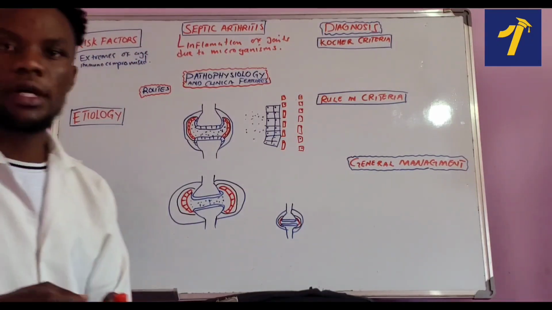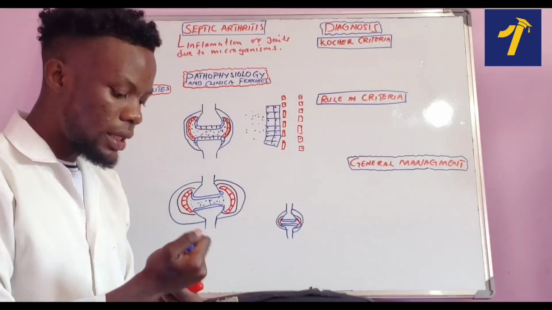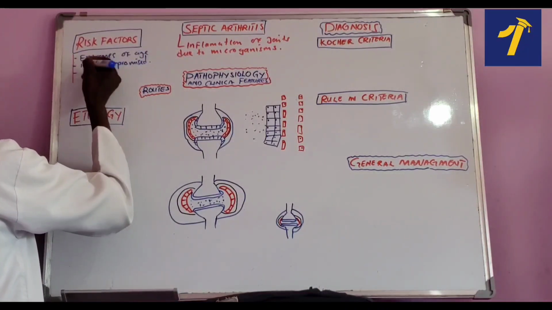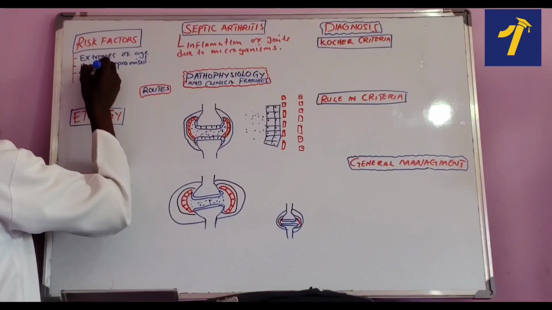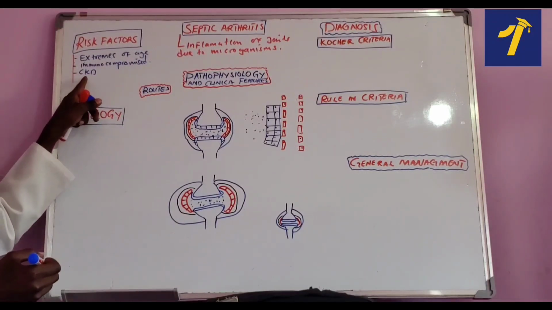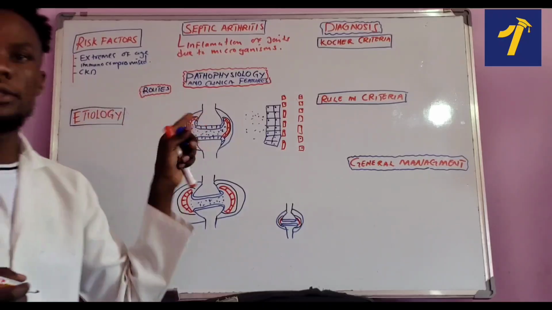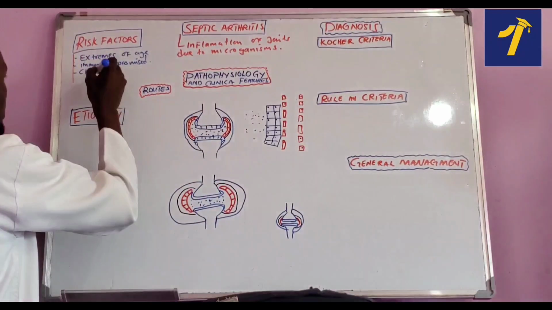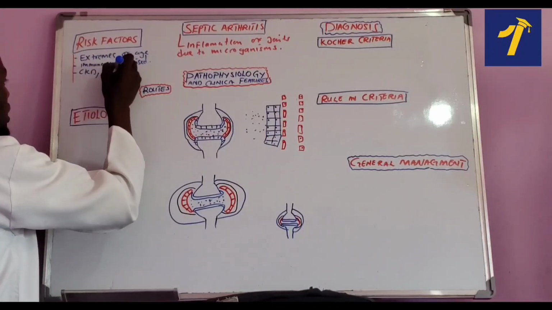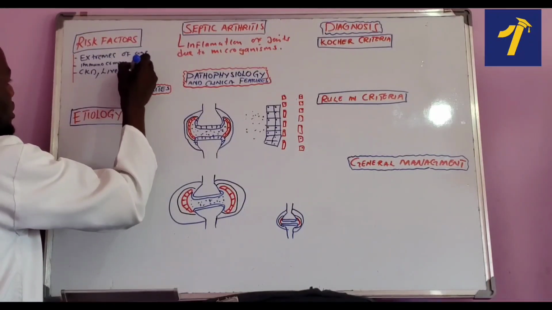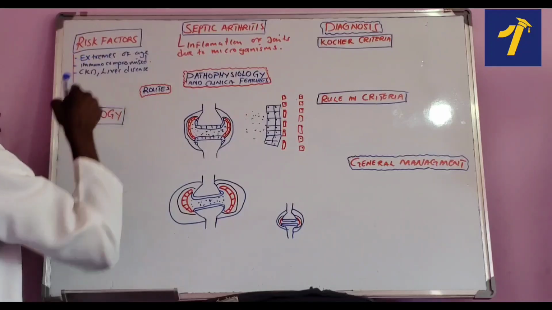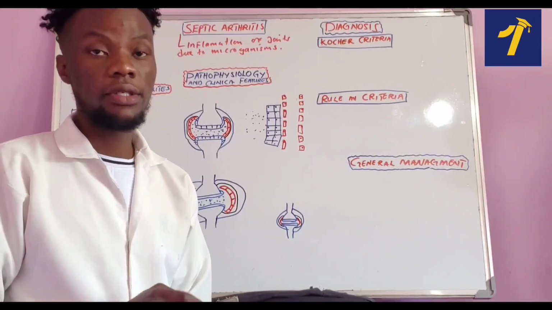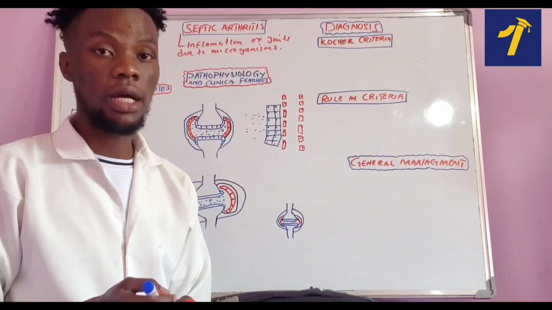What is the other risk factor that we know? Someone who has CKD. What is CKD? Chronic kidney disease. They are at increased risk of developing septic arthritis. And maybe people with liver disease, and maybe abusing alcohol, they are at increased risk of developing septic arthritis.